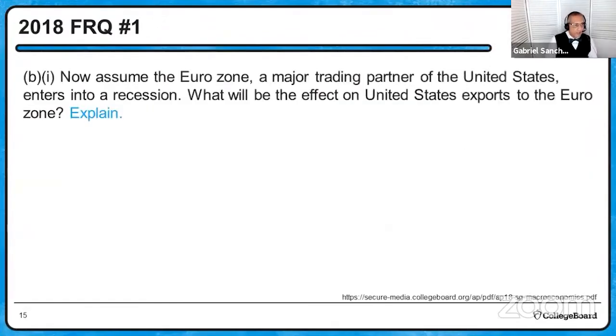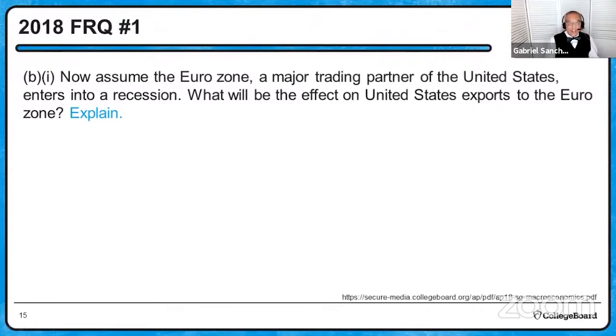Part B. Now, assume the Eurozone, a major trading partner of the United States, enters into a recession. What will be the effect on United States exports to the Eurozone? Explain.